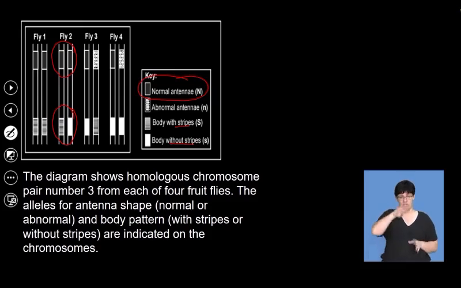So the most obvious answer here was homozygous for normal antennae and heterozygous for body stripes. And clearly these were the possible combinations that were present in fly 2. So the answer here was fly 2, and if you did get it, well done.